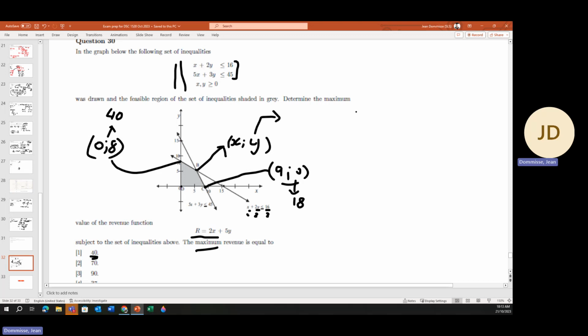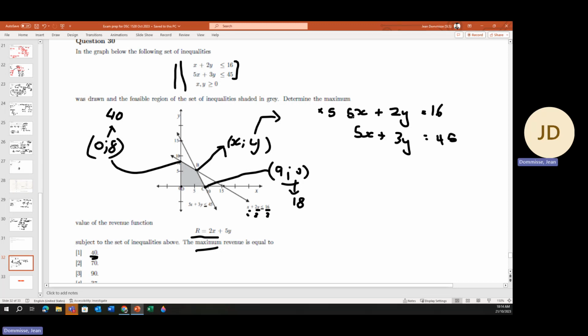So we know the two formulas for this. X plus 2Y is equal to 16, and 5X plus 3Y is equal to 45. Okay, so what will be the easiest? Let's multiply that one by 5.